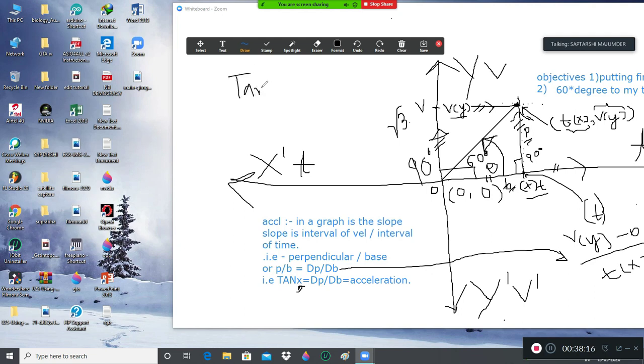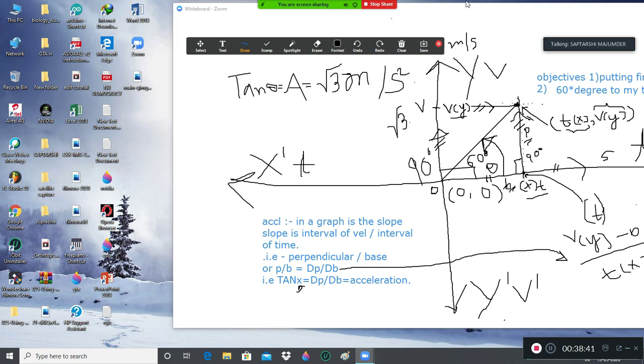So tan theta is equal to acceleration, and the acceleration is nothing but root 3. If I consider this axis as meter per second and this one as second, then this will be nothing but root 3 meter per second square. Now you might say this is a line, so how can we represent root 3?